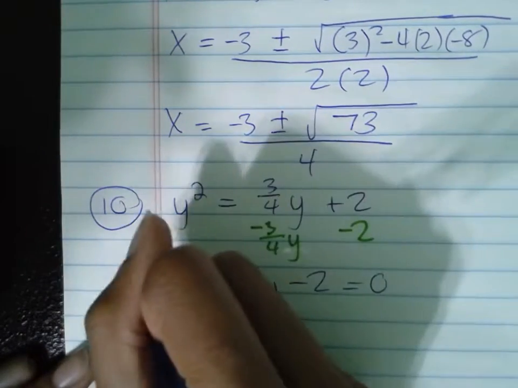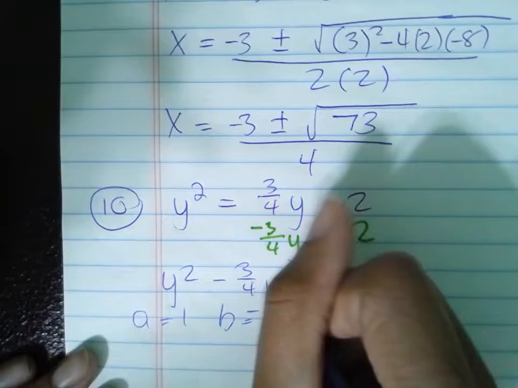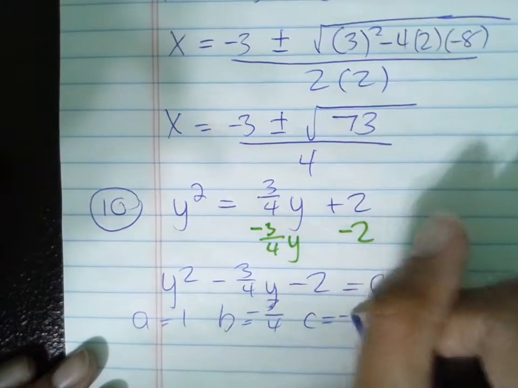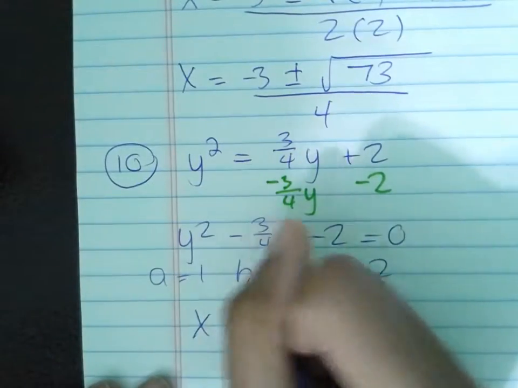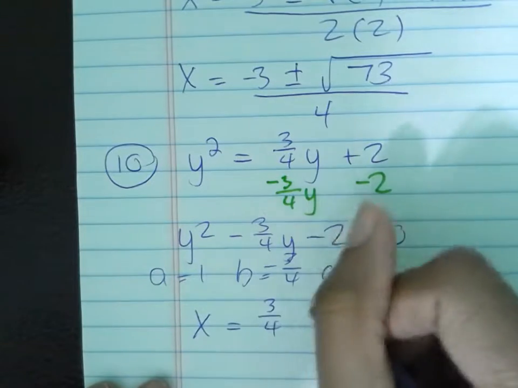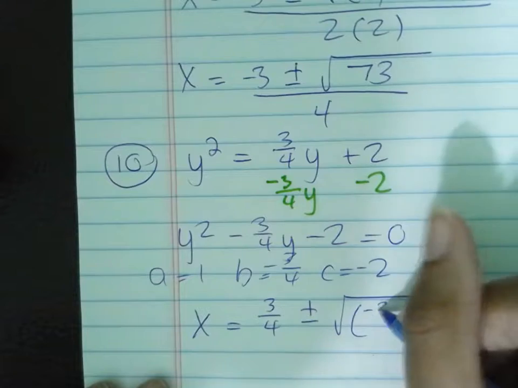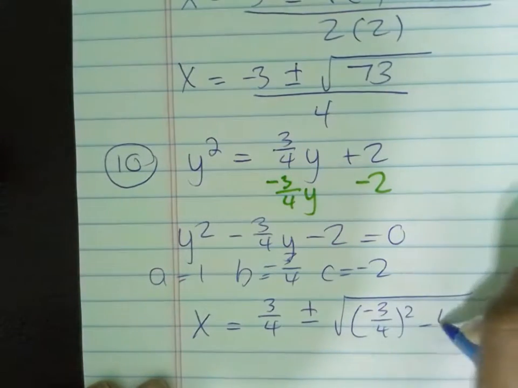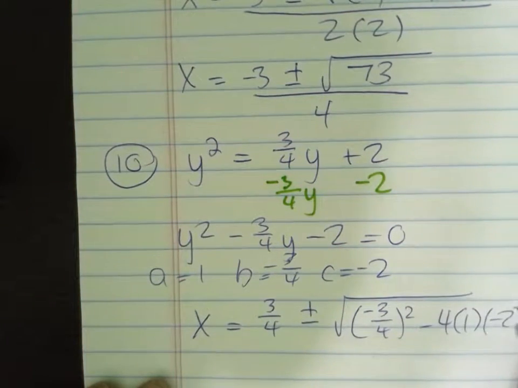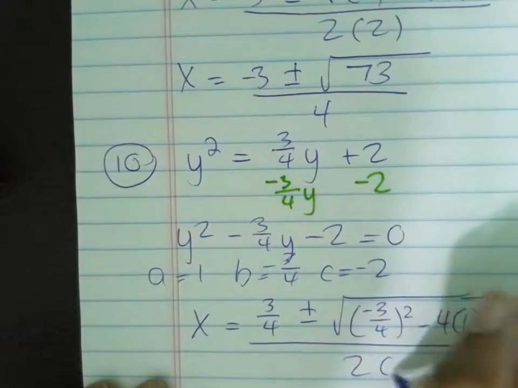So a equals 1, b equals negative 3/4, c equals negative 2. Here we go. X equals opposite b plus and minus radical b squared minus 4ac all over 2a.